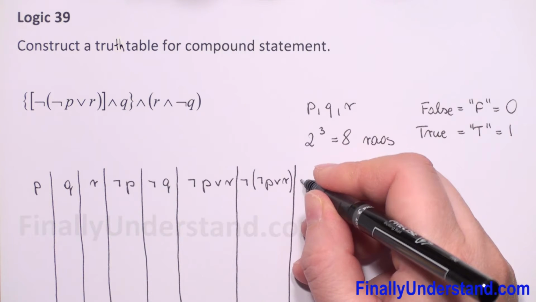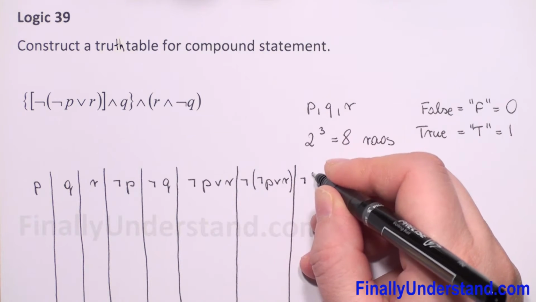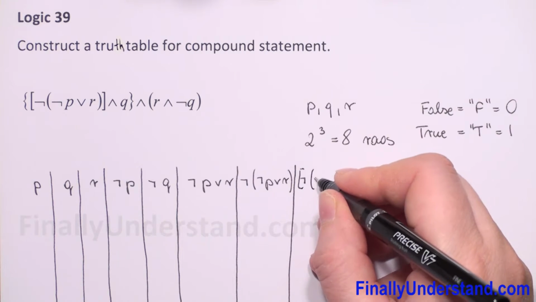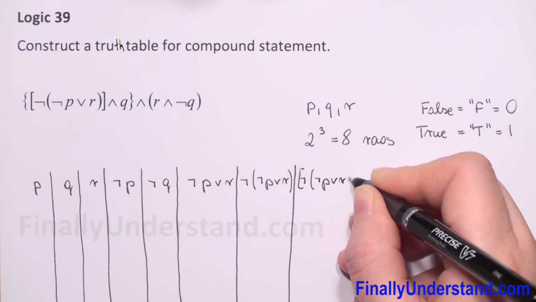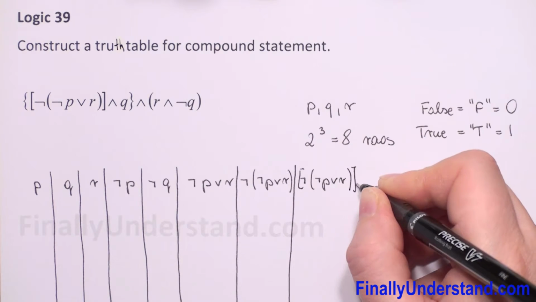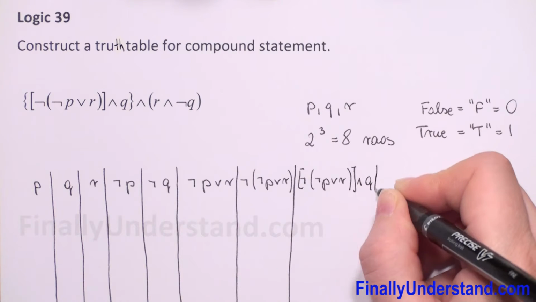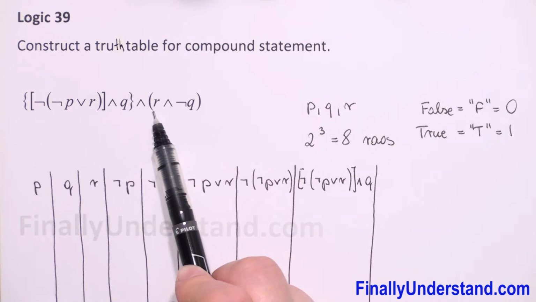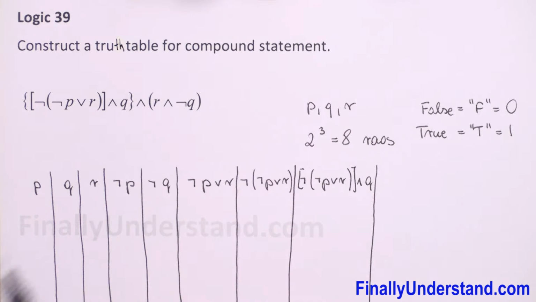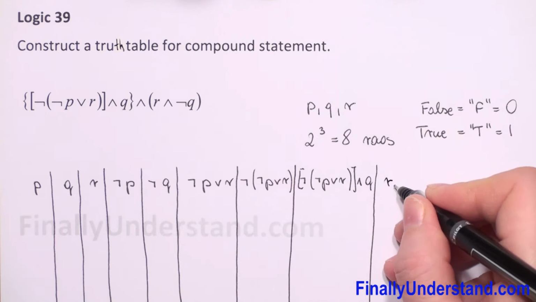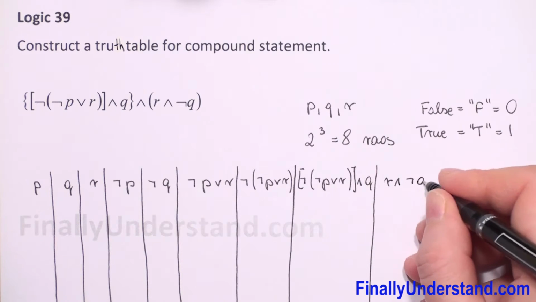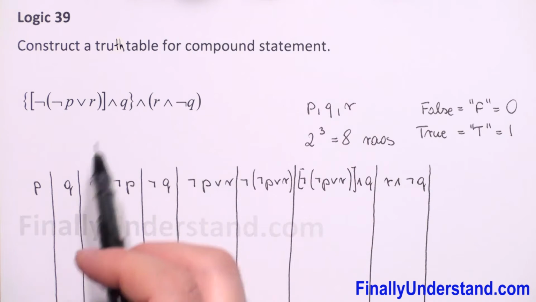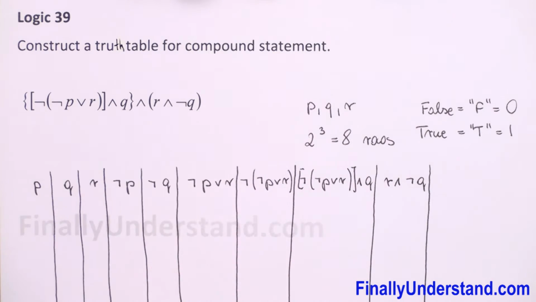So it will be not, and first brackets, not P or R, and we have and Q. In the next column we have in parentheses R and not Q. And in the last column we will put this whole compound statement.